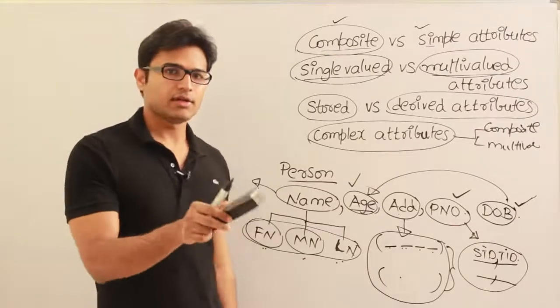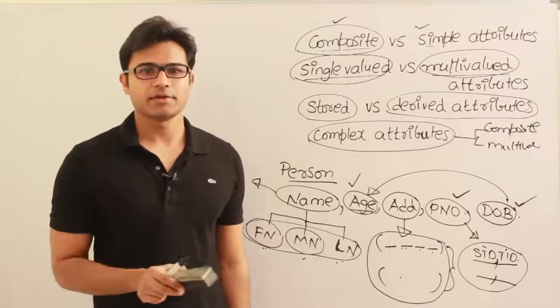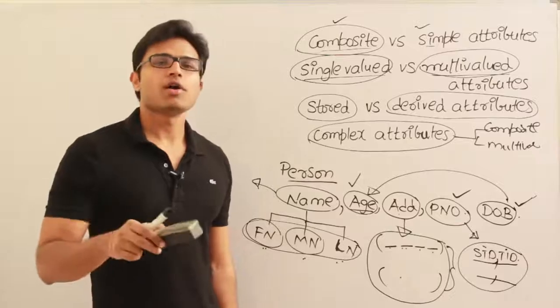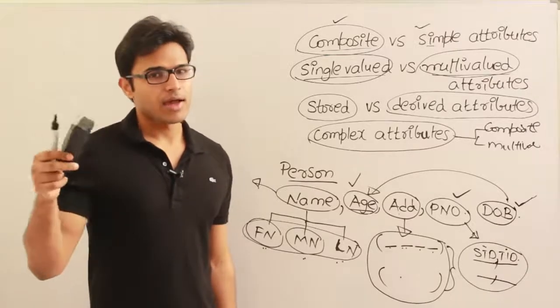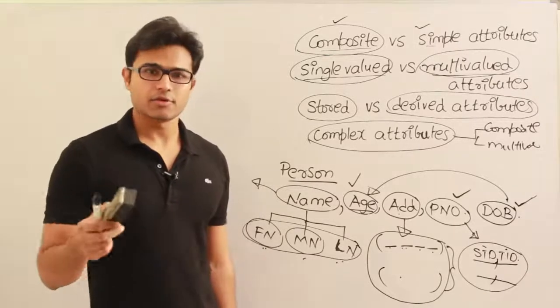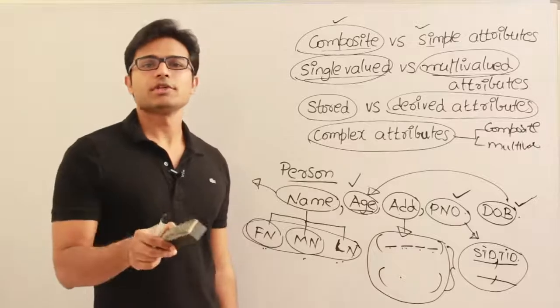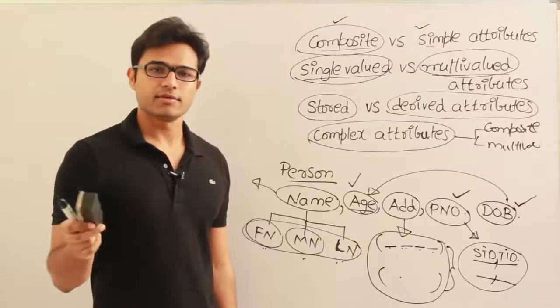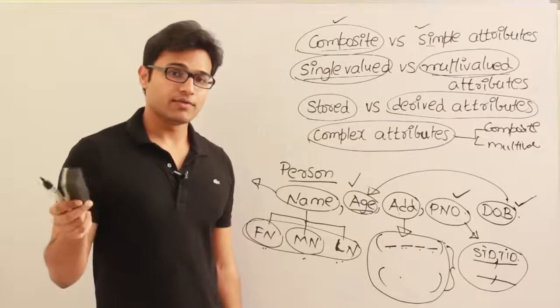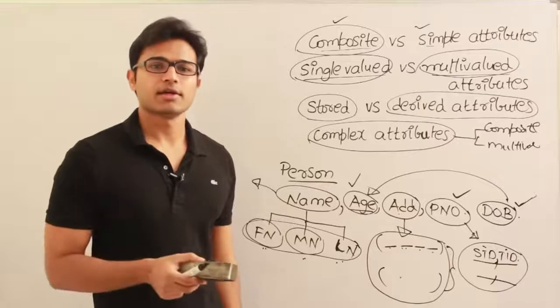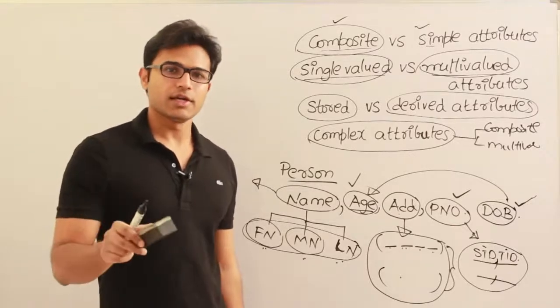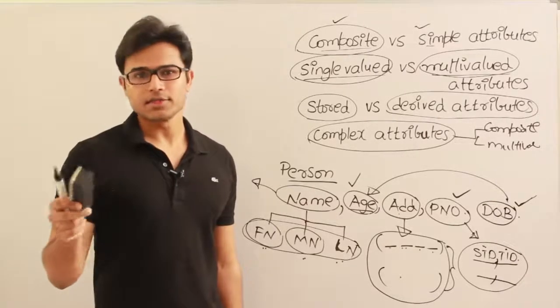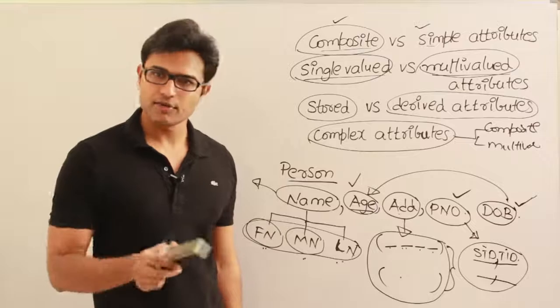One is in the city headquarters and the other is in a branch. Now what should we define the address attribute to be? Composite, complex, multi-valued, single valued? If they even say that address is going to contain street name, street number, city, pin code, everything, then you have to derive it this way.